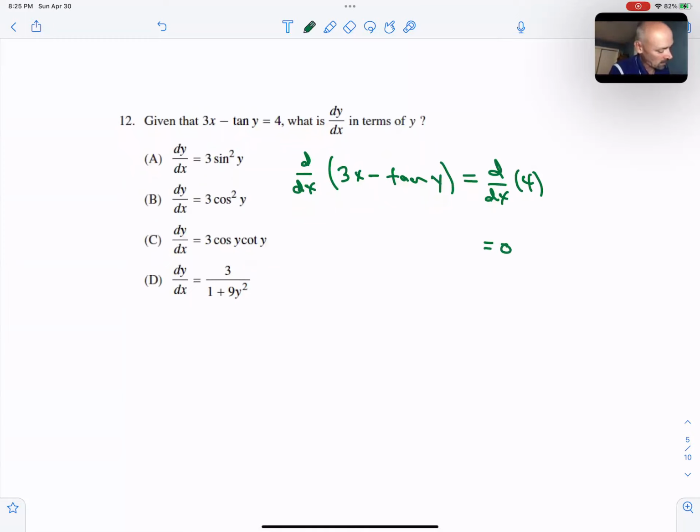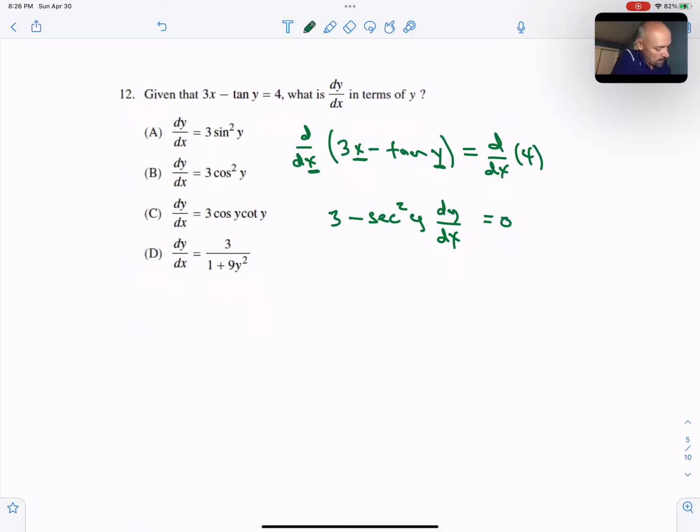So now on the left side, I want to be mindful. d dx of this first term, 3x, is just going to be 3 minus, now d dx of tan y is going to be secant squared y dy dx. That's chain rule right there, because I'm taking the derivative of an expression in terms of y.